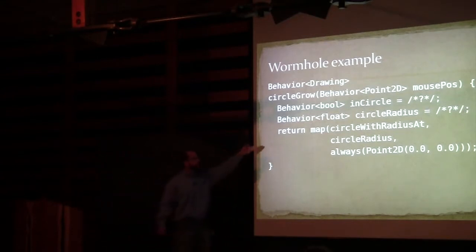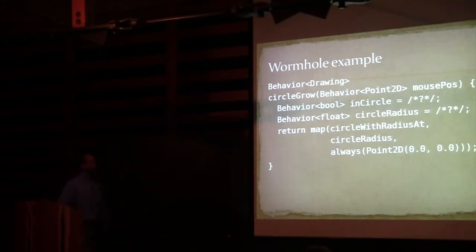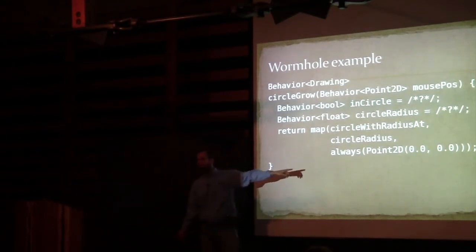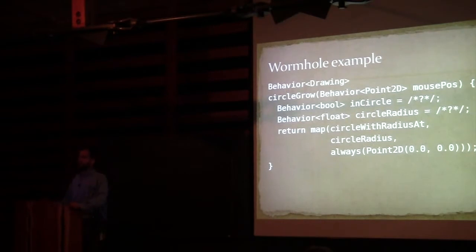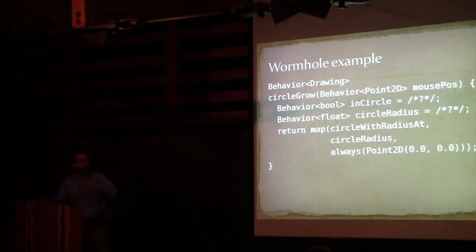And we have a circle radius behavior. The problem that we have is that whether or not you're in the circle depends on what the radius is. And what the radius is depends on whether or not you're in the circle, right? Or whether you're transitioning into the circle. So we have these two names that depend on each other.